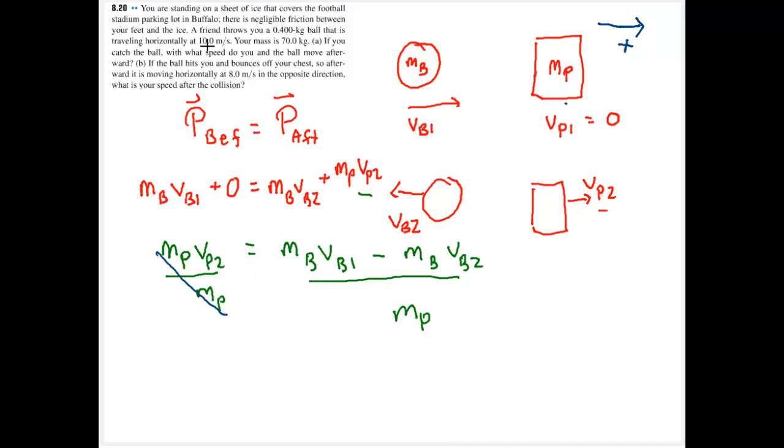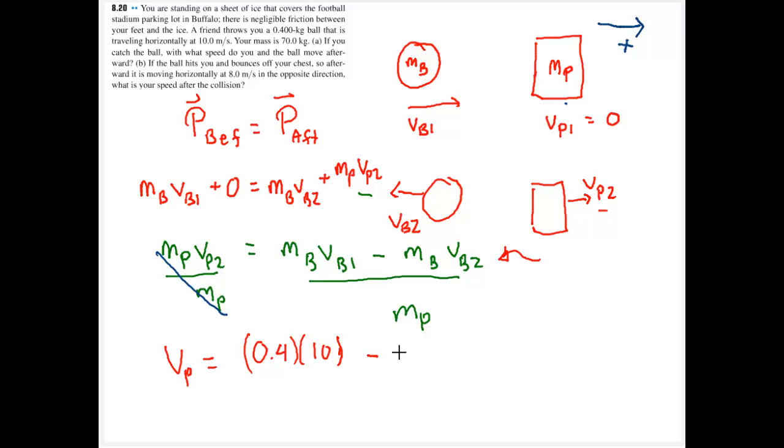Now it's a simple matter of plugging it in, being very careful to remember that the velocity of the ball right here is going to be in the negative direction. So the velocity of the person is going to be 0.4 kilograms multiplied by 10 meters per second.